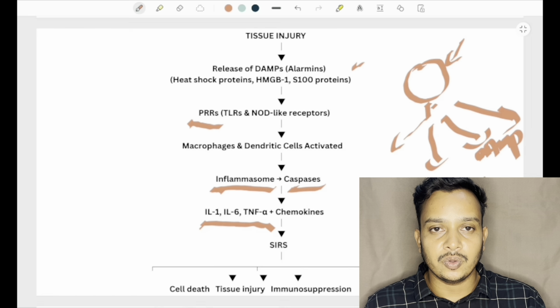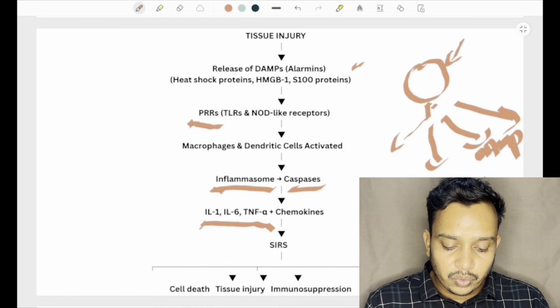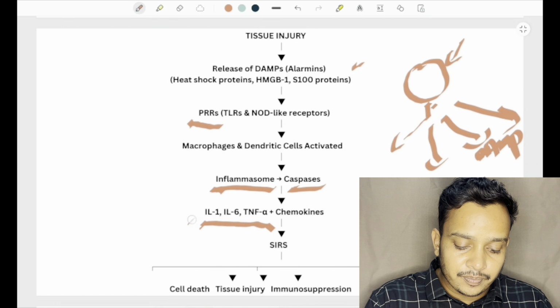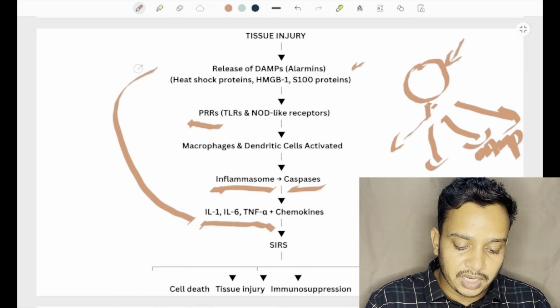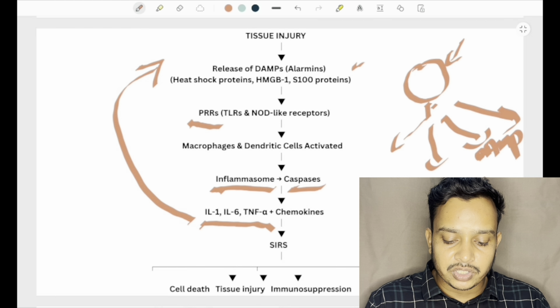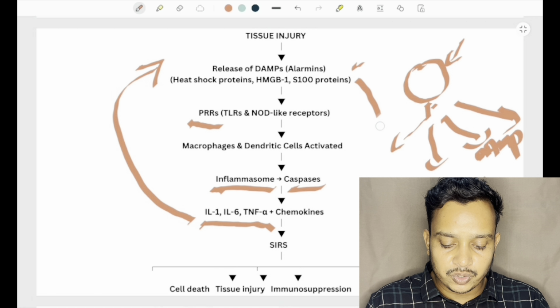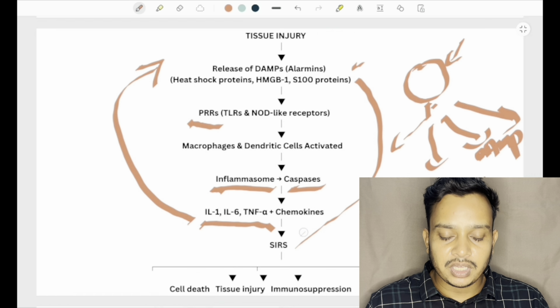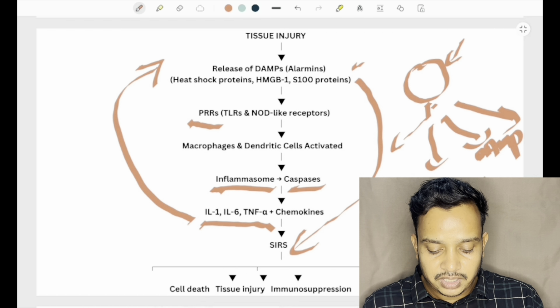What do these interleukins lead to? They lead to the release of more damage associated molecular proteins and to reactivation, and again this cycle continues to form systemic inflammatory response syndrome, that is our SIRS.